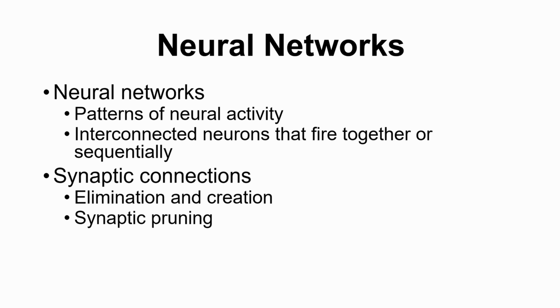So you might see talk of neural networks, where we start looking at patterns of neural activity, which means patterns of neurons firing as they connect to one another in very complicated fashion. So there's this interconnected web of neurons that are going to fire either together, meaning they fire at the same time, or they fire in a particular pattern.